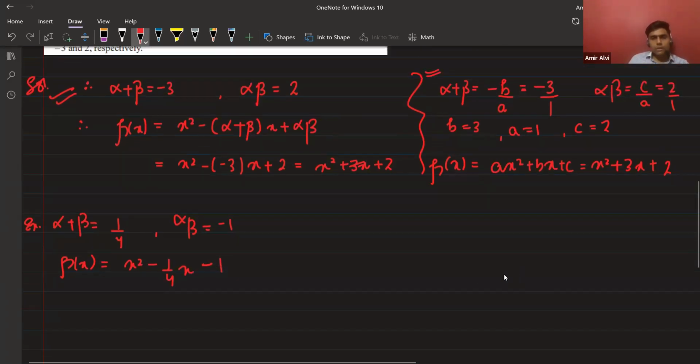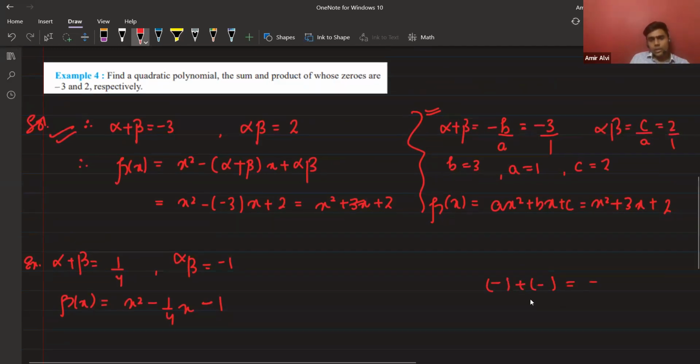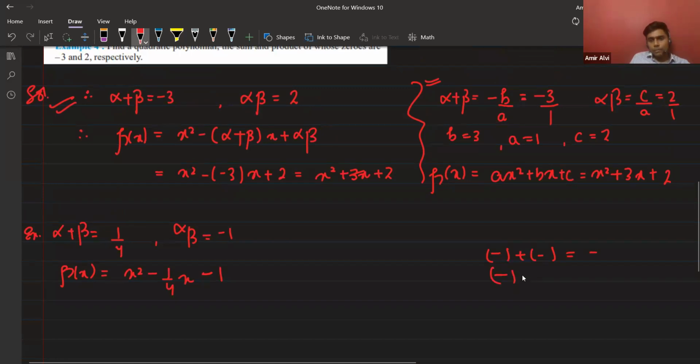I'm just giving you one more thing. If you add minus and minus, you will get minus. If you subtract minus and minus, you will get plus. It depends. If you add plus and plus, you will get plus.